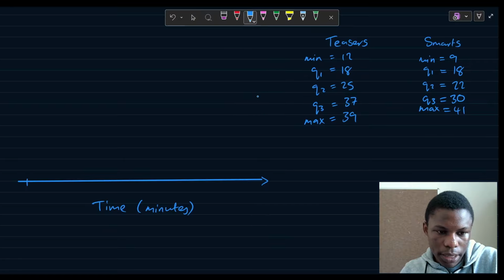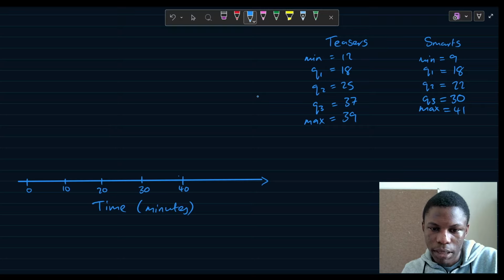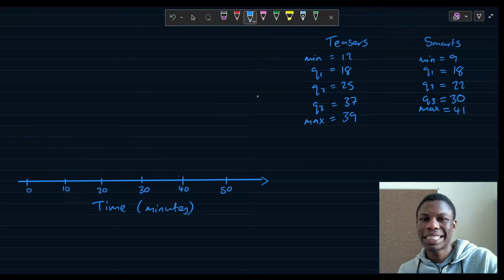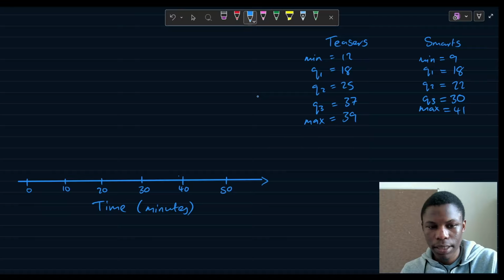I'm going to mark this as 0, then go 10, 20, 30, 40 would have to be somewhere here, and then 50. But pick whatever scale is appropriate for your grid.